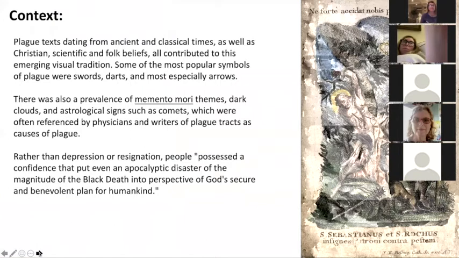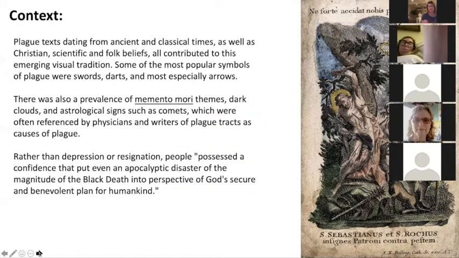There are other suggestions and folk beliefs, and these play out through either plague saints or saints that are associated with specific cities: swords, darts, and arrows, meaning they were kind of the munition, like they were severing the plague, if you will.